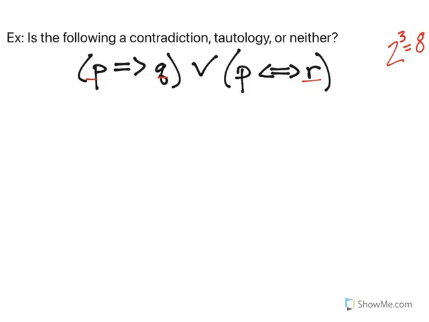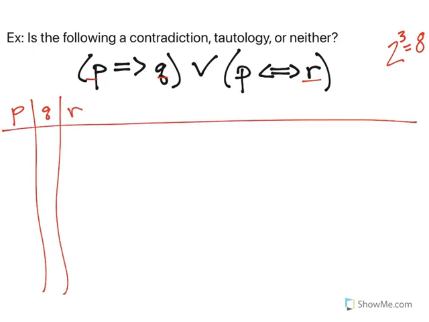Okay, so let's think through this. I'm going to have P, Q, and R. With 8 lines, I split it in half, so the first 4 are going to be true and the second 4 are going to be false.